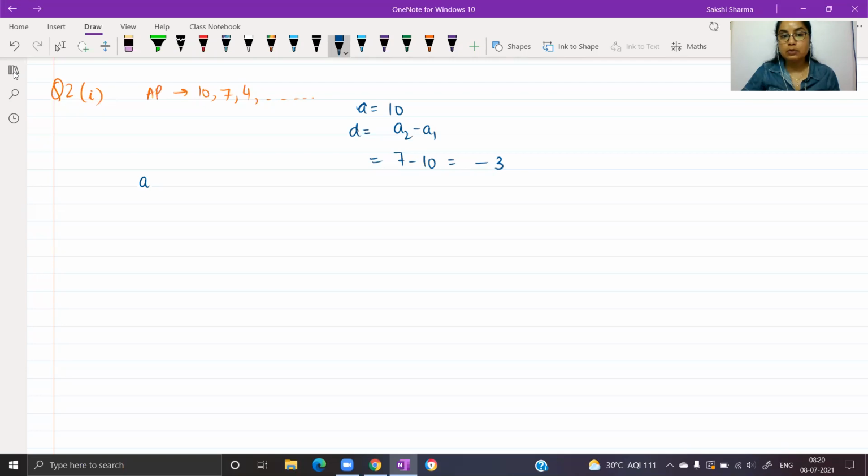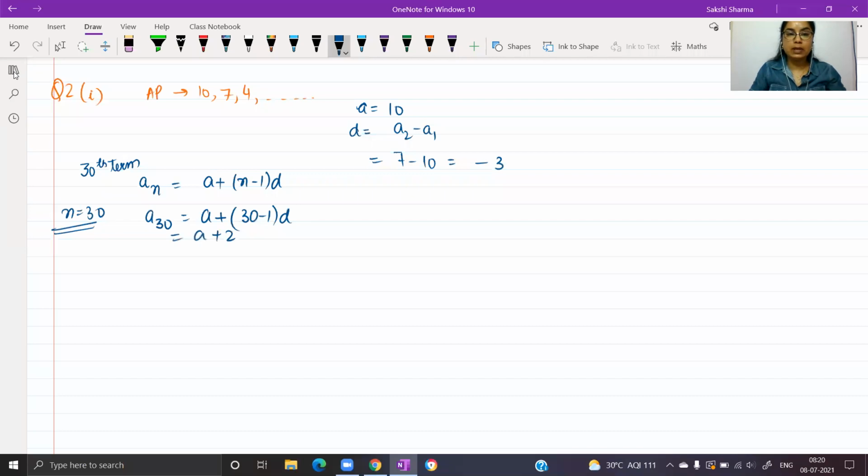Now we want to find out the 30th term. The formula for the nth term is a_n equals a plus (n minus 1) times d. 30th term means we have to take n as 30. That means on the right hand side, replacing n by 30, we have a plus 29d.